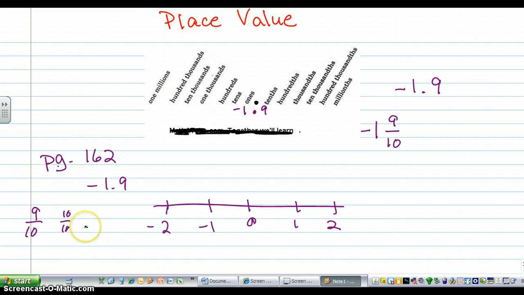And 10 tenths is a whole number, which means it's almost to 2. So negative 1 and 9 tenths would be probably about right there. Okay? And that's how we would graph it on a number line.